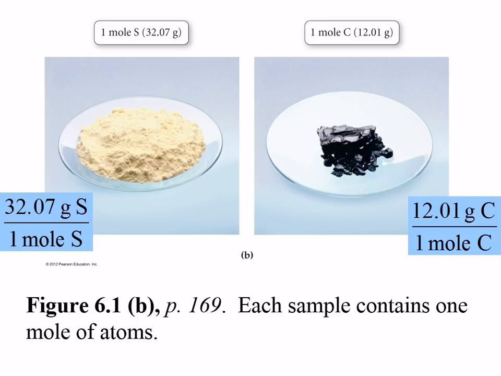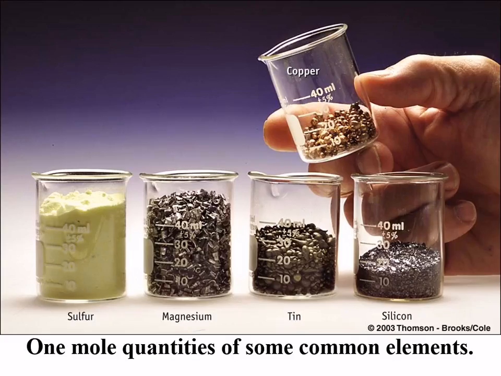Now, sometimes when you're using it in a problem, you might need to flip it so the units that need to cancel cancel. Okay. So these are just sulfur, magnesium, tin, silicon, and copper. The point here is that somebody was clever and weighed out the right amount of those substances to get 1 mole. So somebody tell me the symbol for tin. It doesn't, no, that's tungsten. It doesn't start with the letter T. It is Sn, very good.